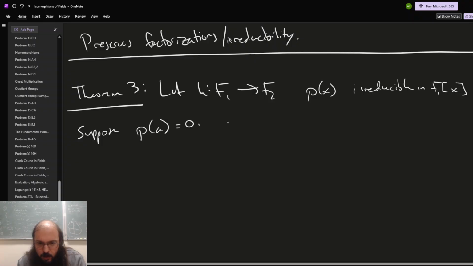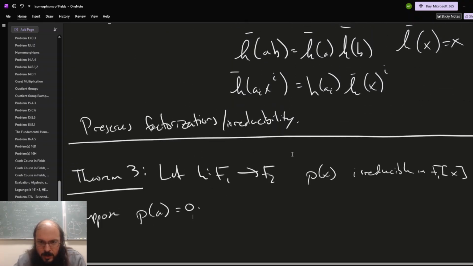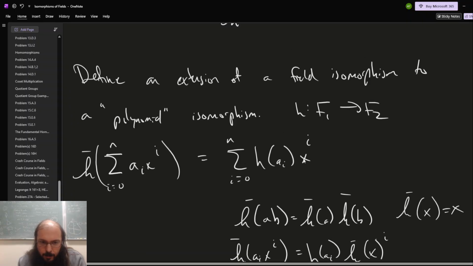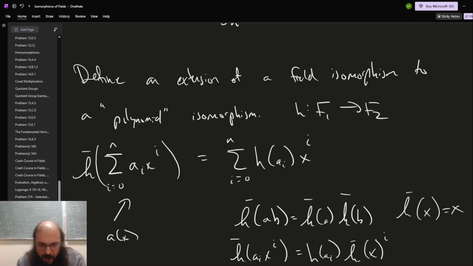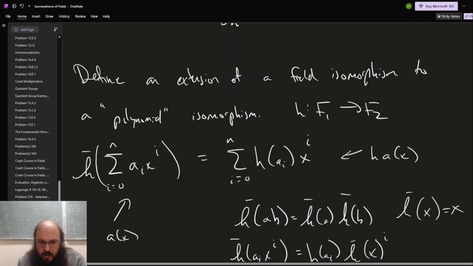And, oh yeah, there's this other piece of curse notation. If this polynomial is called P of X, he calls this polynomial HP of X to signify to you that he has applied this change of coefficients, right?